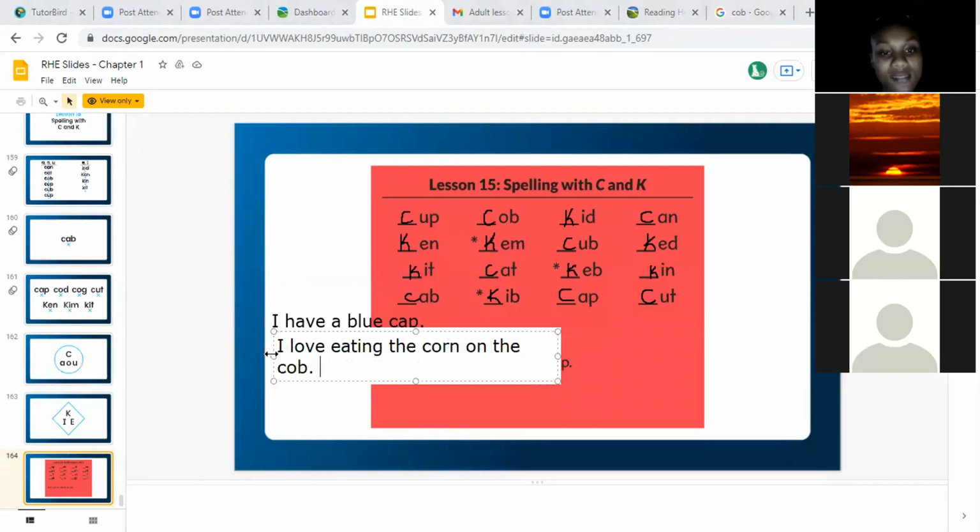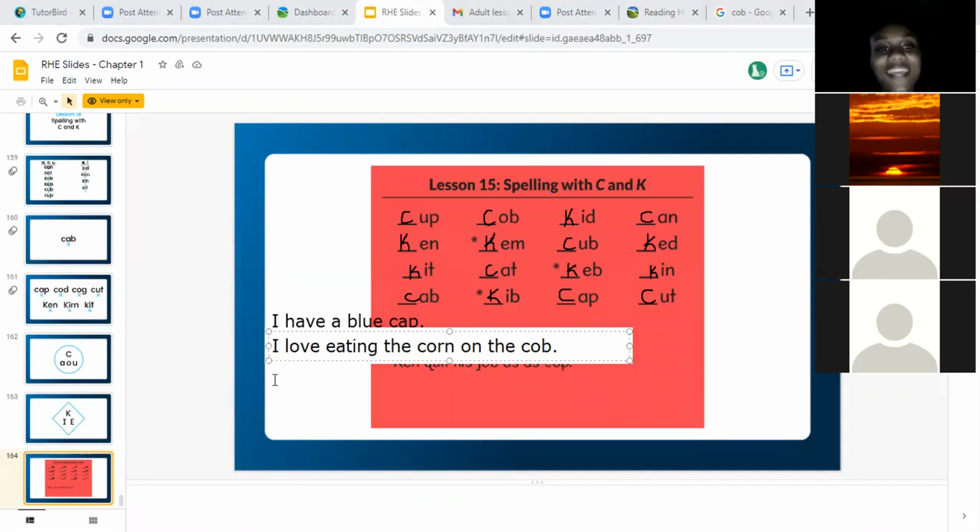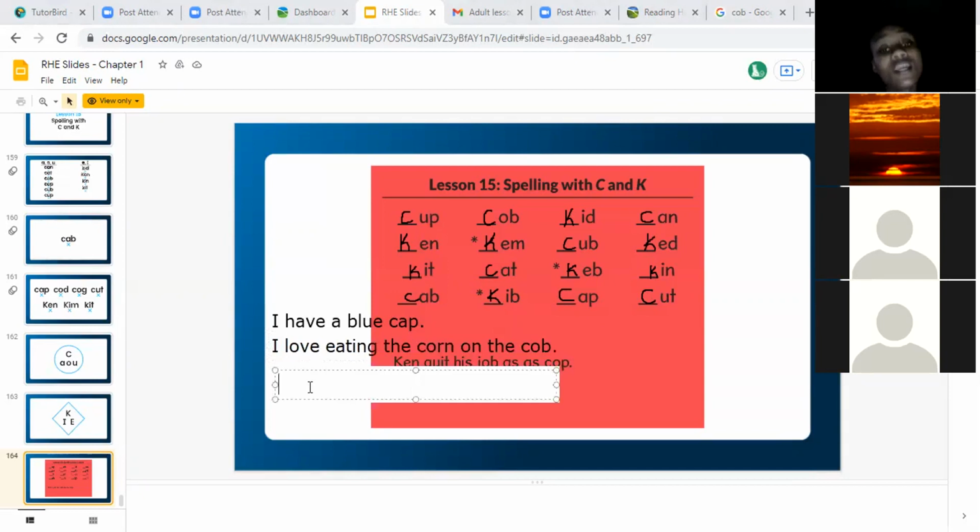I love eating the corn on the cob. Anybody else love corn? Me too. Mhm.